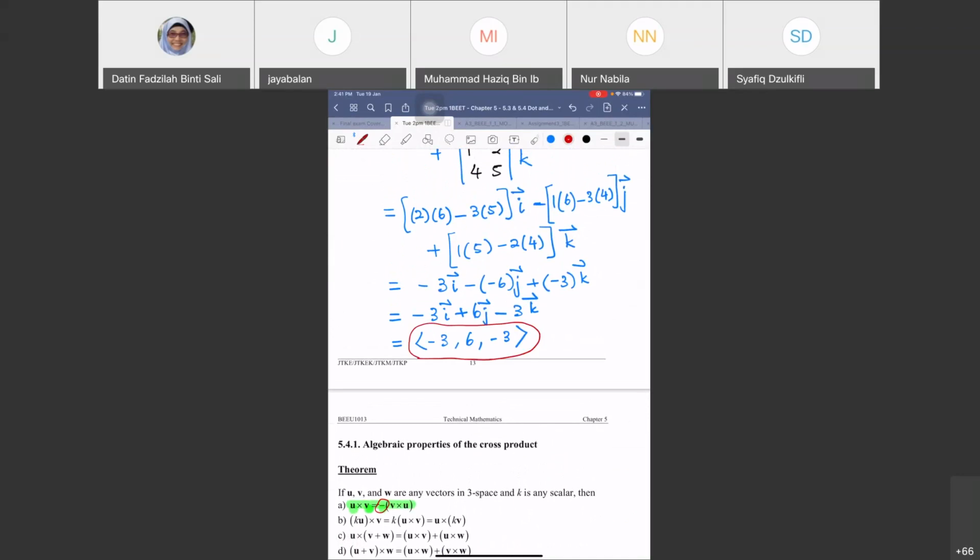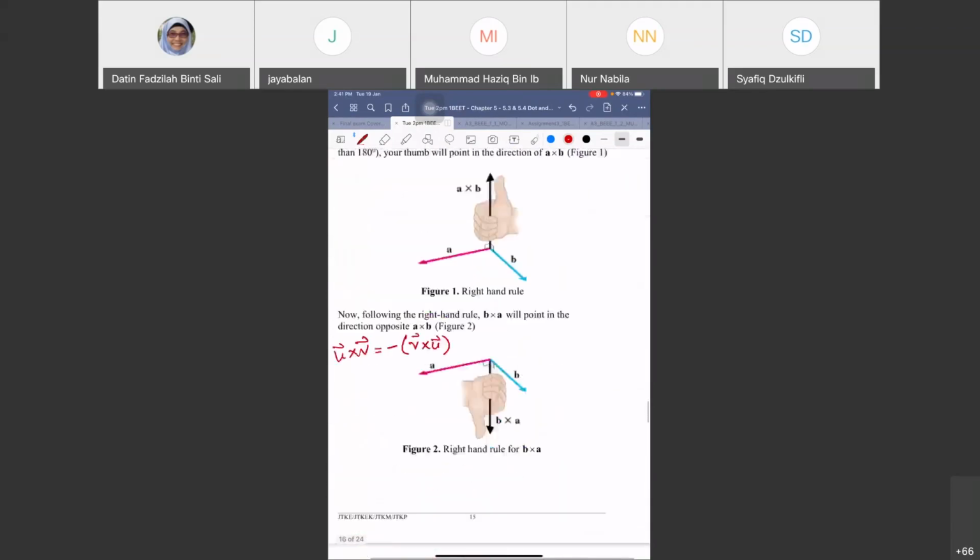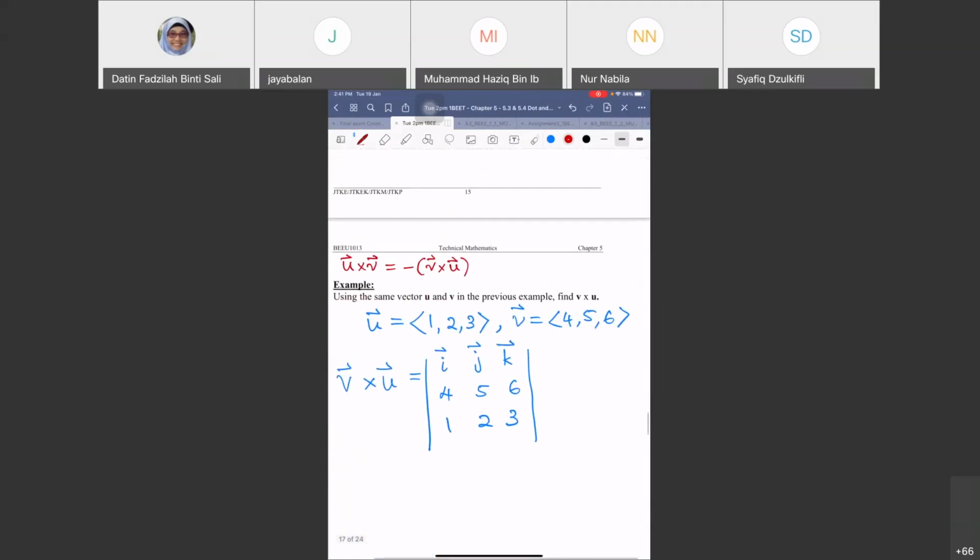So U cross V, we got minus 3, 6, minus 3.